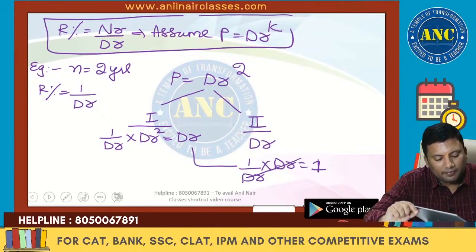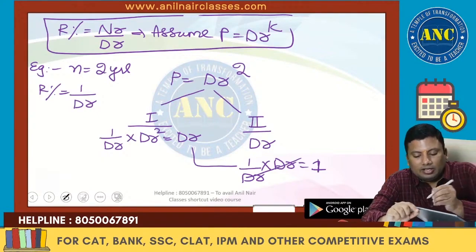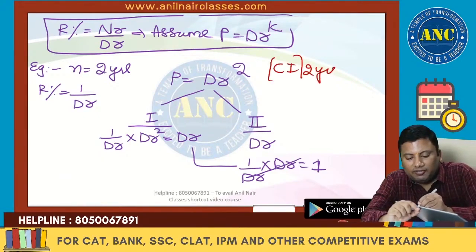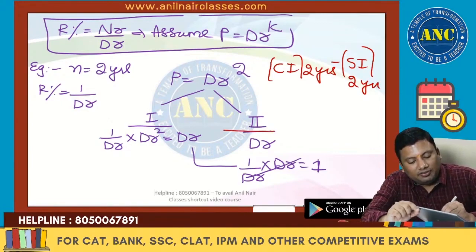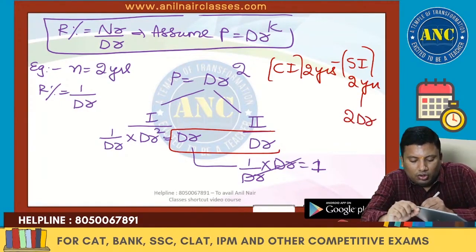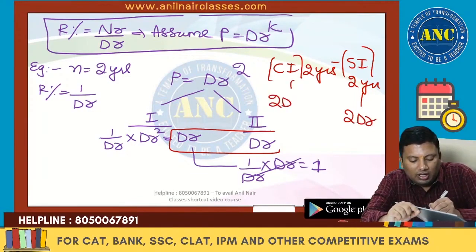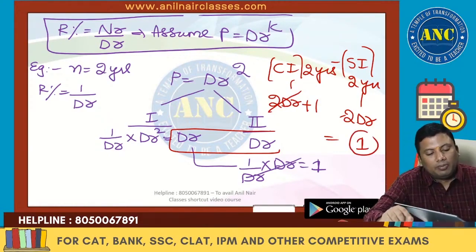Now see here. Now I want CI for 2 years minus SI for 2 years. SI for 2 years is 2dr. Are you with me? Total CI for 2 years is 2dr plus 1. These cancel. What is the answer? 1. Please make a note of it.